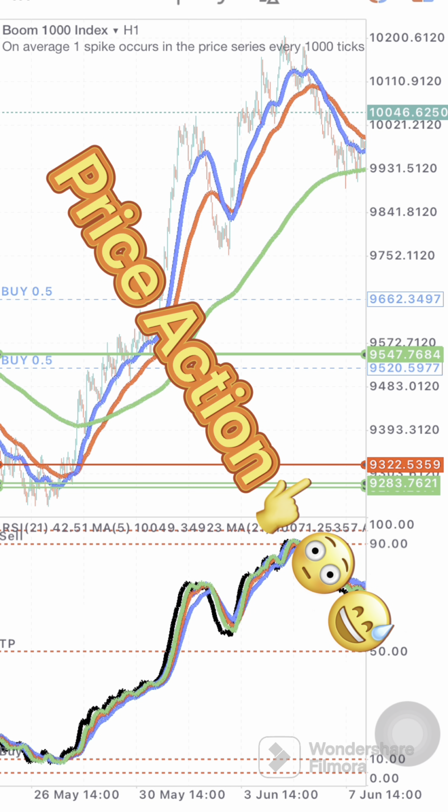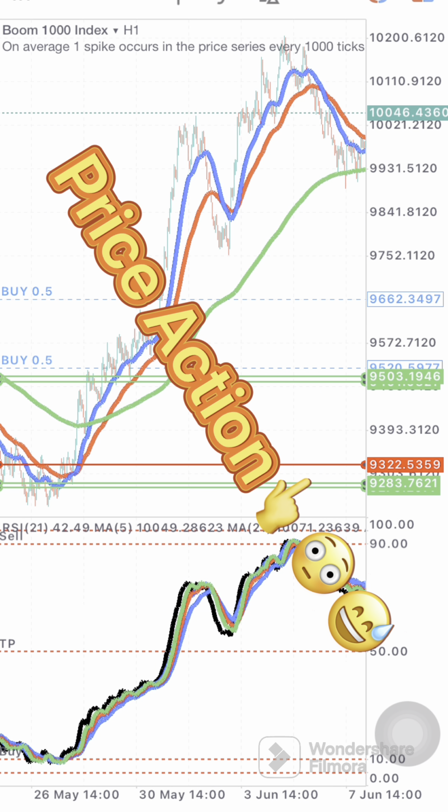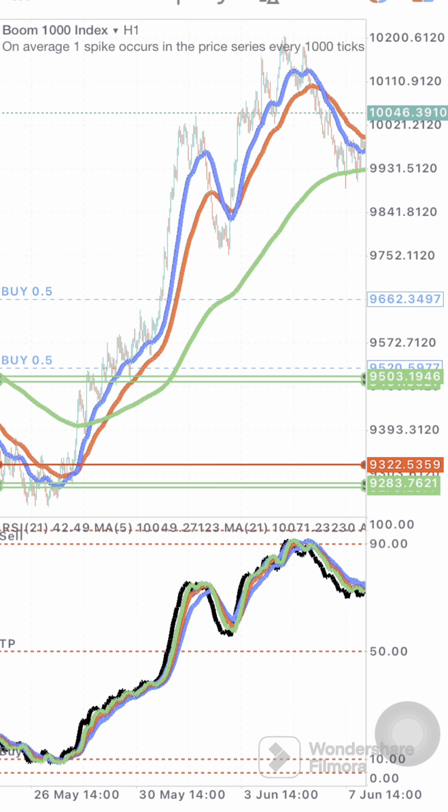What I mean is that most of the fundamentals and technicals put in place to work with it are solely on price action. So that is what you need to understand.